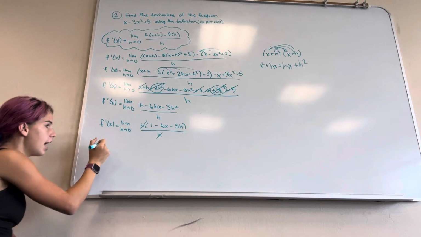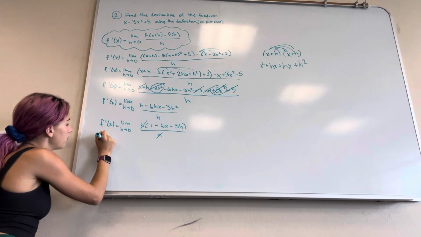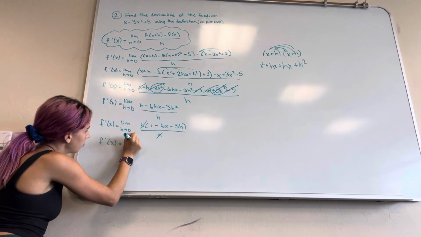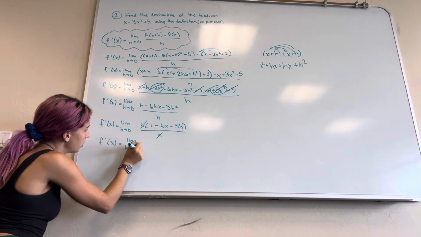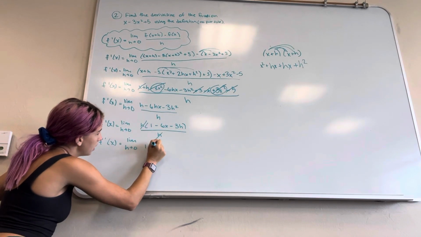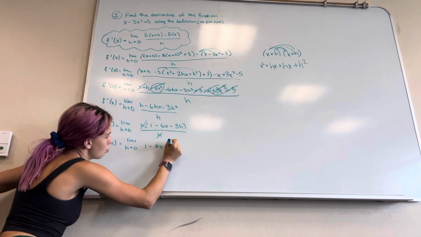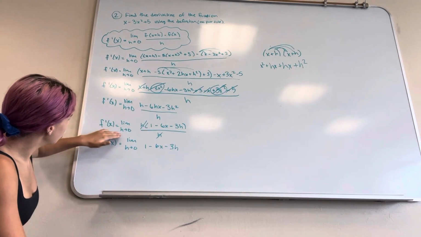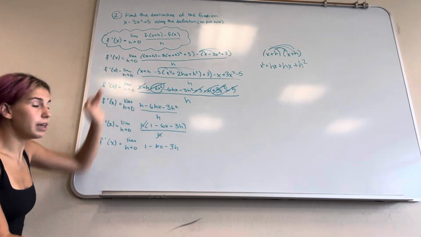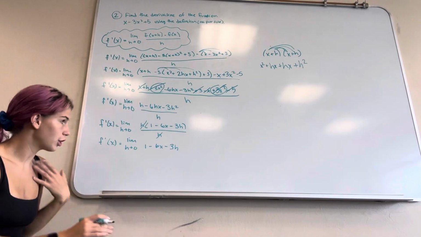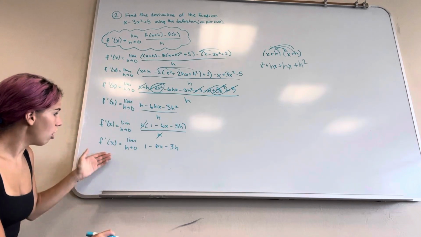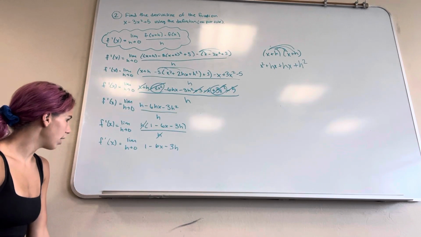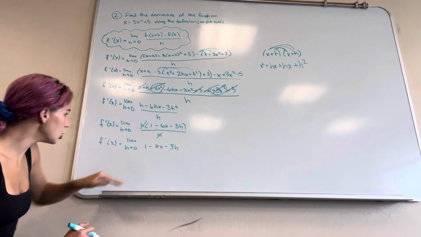And then here, we're going to be left with f prime of x is equal to the limit of h approaching 0 of 1 minus 6x minus 3h. So the problem here, why we had to do all of this, was that with h going to 0 the entire time the denominator was 0, which would have made the function not work. But now the denominator is not 0, so we're actually going to be able to plug this in.